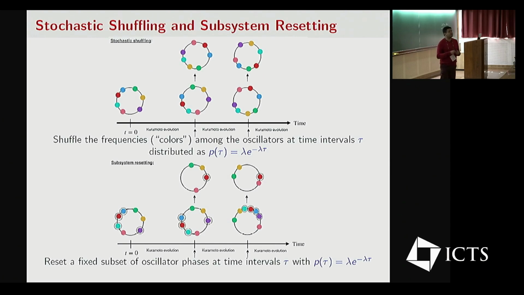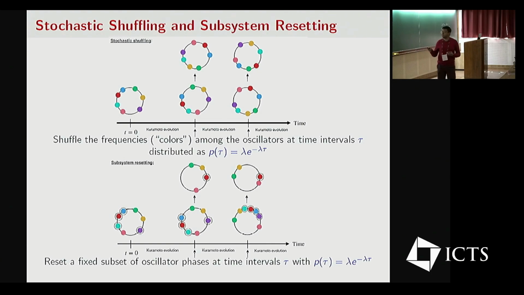It's just that who is red and who is blue, that is, who is moving with 5 Hertz and who is moving with 6 Hertz, that information gets changed. One thing you notice is that at the instant when I shuffle the colors among the oscillators, I don't change their relative position on the circle. That is to say, when I'm shuffling the frequencies among the different oscillators, I do not update the phases of the oscillators.